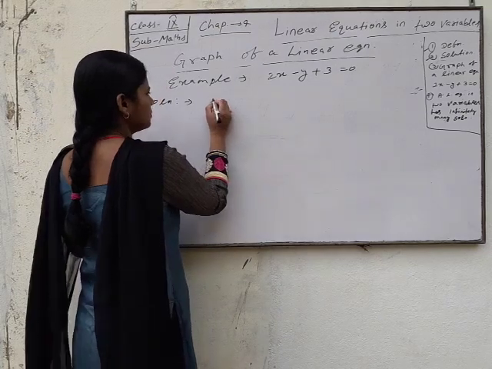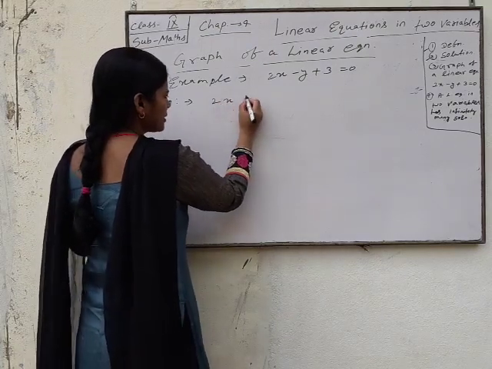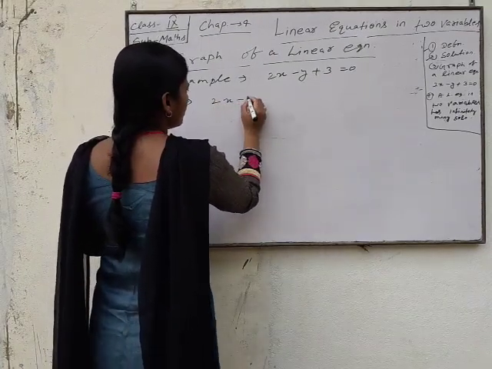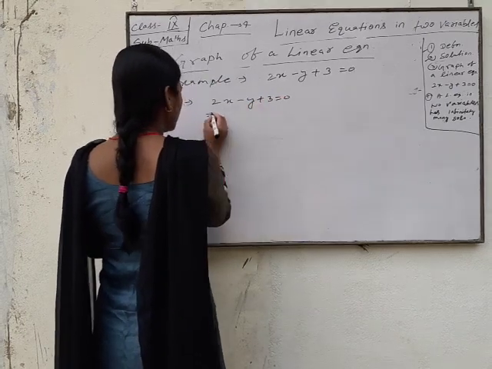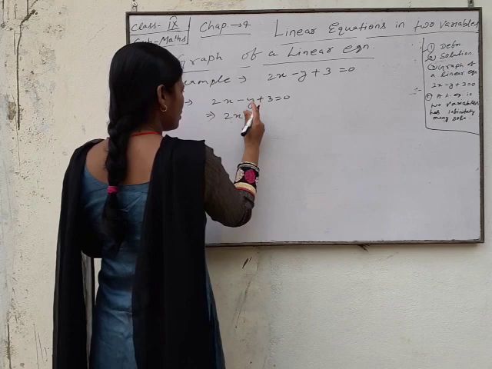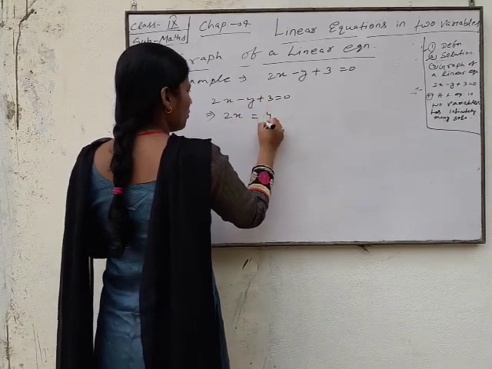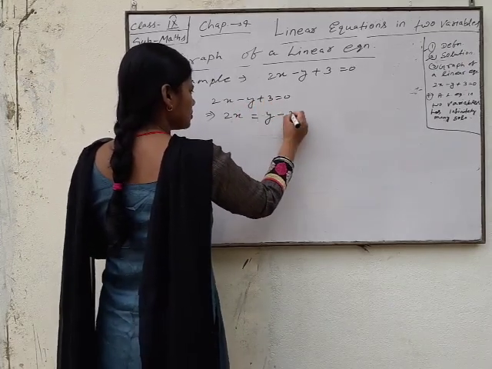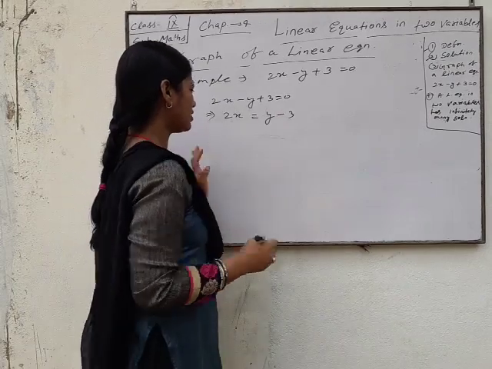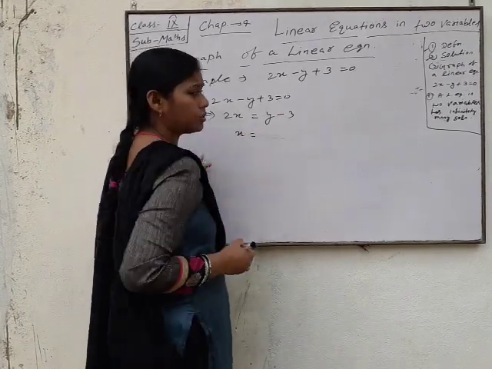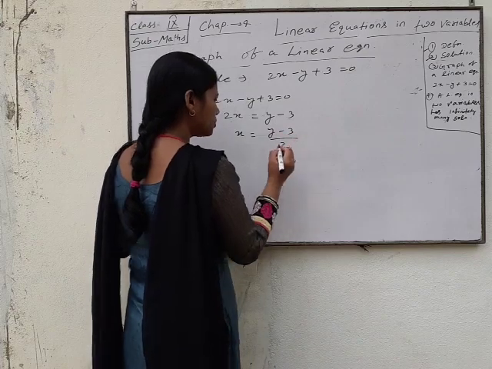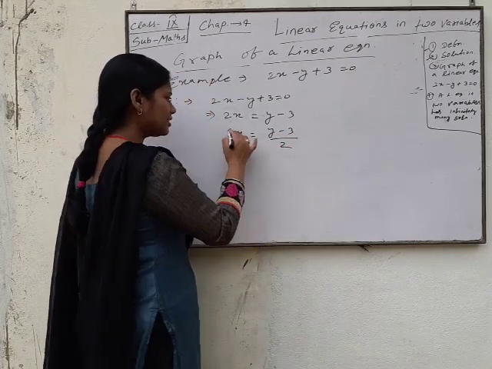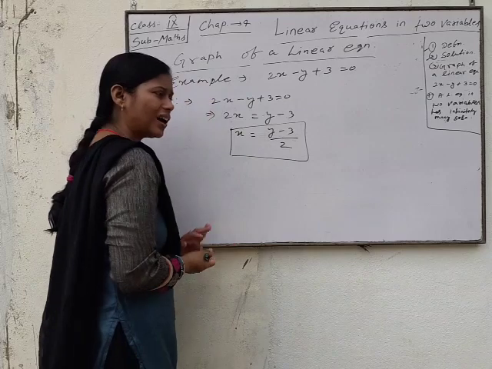So here, 2x is equal to y minus 3, because this is plus and this is minus, and x is equal to (y minus 3) by 2. So this is x in terms of y.